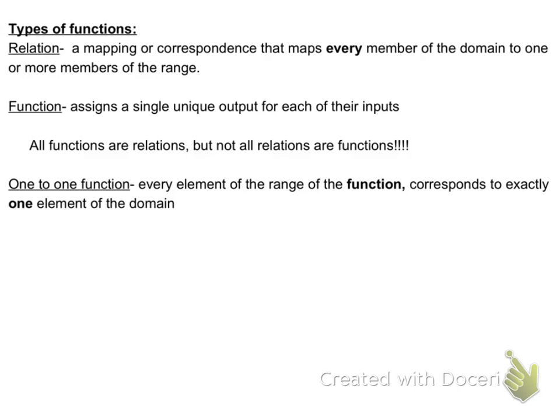There may be 3 Mountain Dew buttons. You hit a Mountain Dew button, you'll get a Mountain Dew. If you hit a Mountain Dew button and get a Mellow Yellow, you're kind of irate, are you not? Because we all know they're not the same soda. Then it's not a function. It's not functioning correctly. A one-to-one machine would have exactly one Coke button, one Pepsi button, one of every button, because you're not allowed to have more than one different input going to the same output. So it takes it one step further. There's a one-to-one match. Okay?